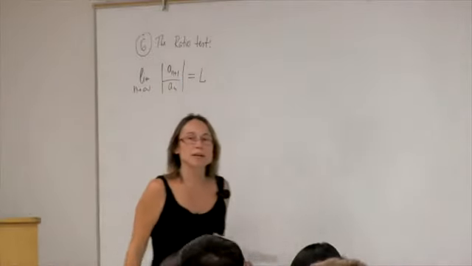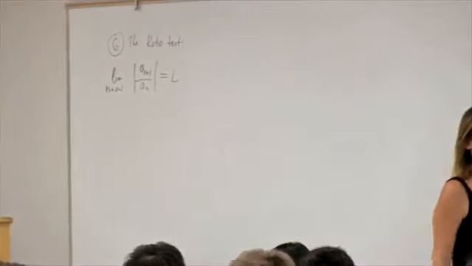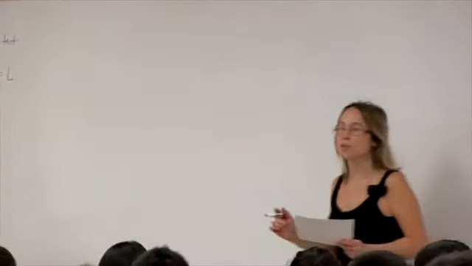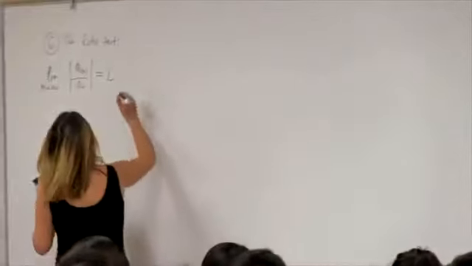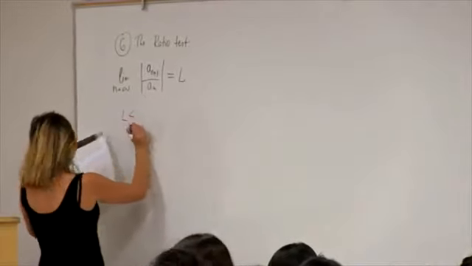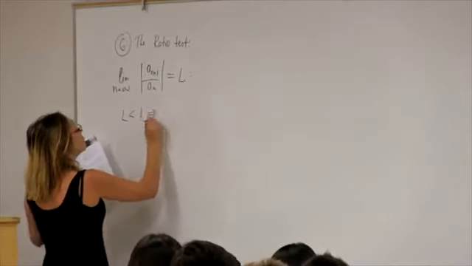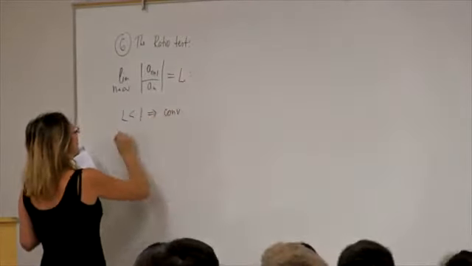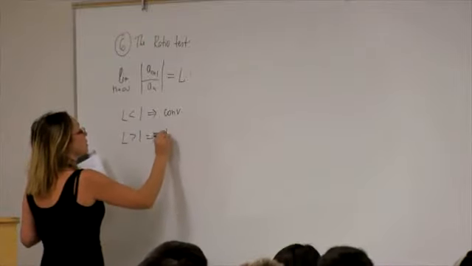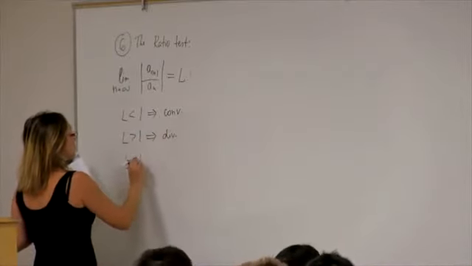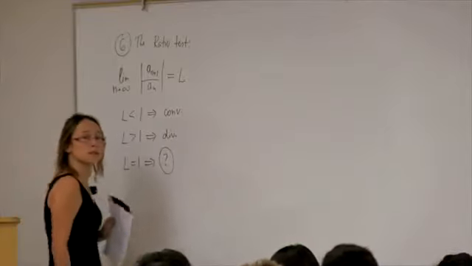So let's suppose it's equal to L. Depending on L, we have convergence, divergence, or we don't know. So if L is less than 1, it converges. Greater than 1, diverges. L equal to 1, the test is inconclusive.